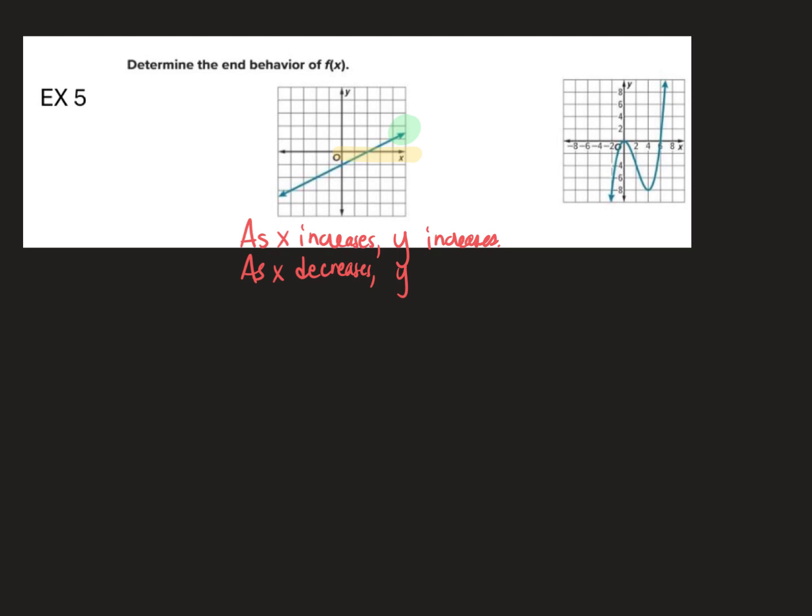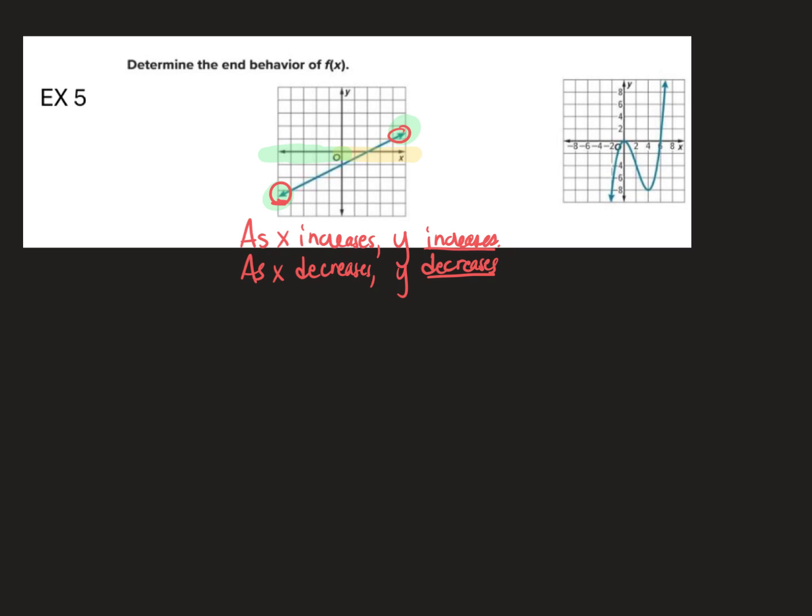As x decreases, what's our y doing? Our y is going down, which is also decreasing, so y decreases. And it's solely based on this end. This end is going down, so that's decreases. This end is going up, so that's increases.